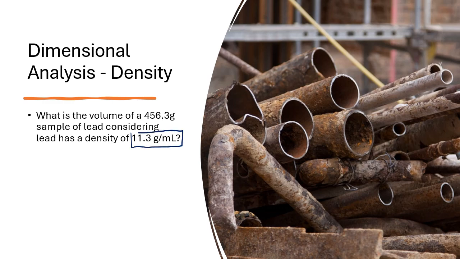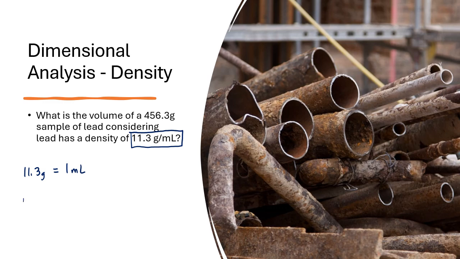It is a conversion factor. This conversion factor tells us that 11.3 grams of lead equals 1 milliliter of lead. And we've already seen how we can write those relationships either way that we want to.